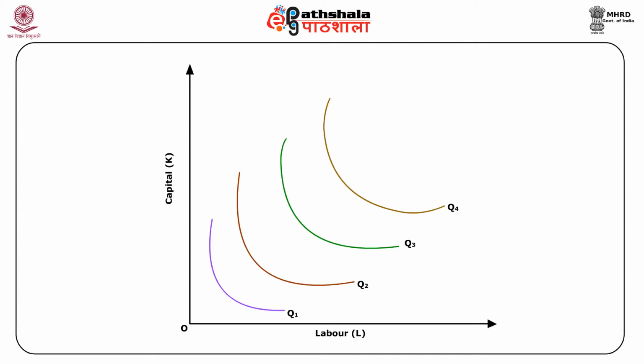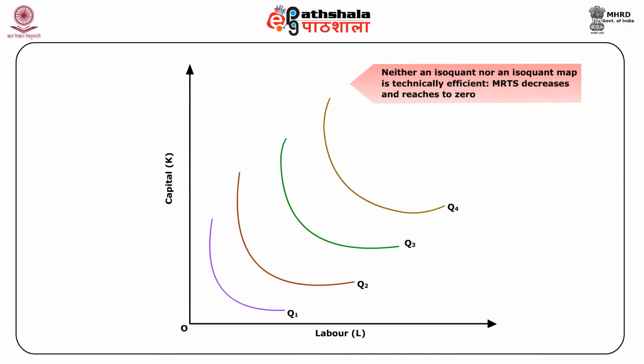It is important to note here that neither an isoquant nor an isoquant map is technically efficient because the MRTS on an isoquant decreases and reaches 0.